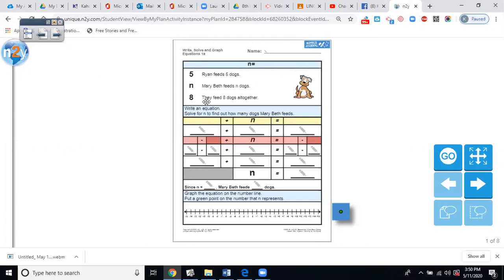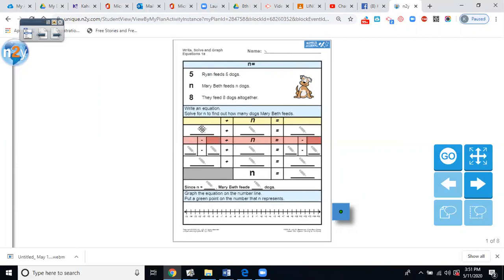And 8, they feed 8 dogs altogether. So altogether, Ryan and Mary Beth, they feed 8 dogs. It says right here, Ryan feeds 5, but we don't know how many Mary Beth feeds. That's what we're going to figure out here. So write an equation, solve for n to find out how many dogs Mary Beth feeds.